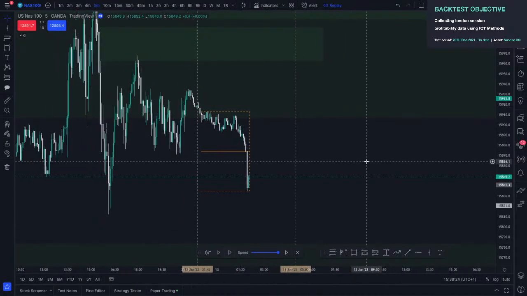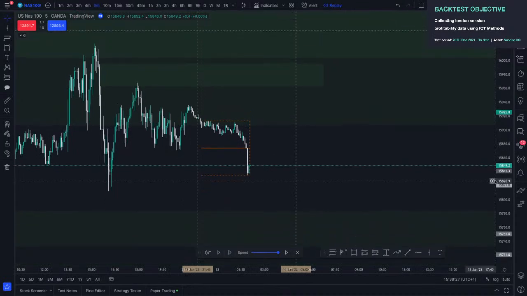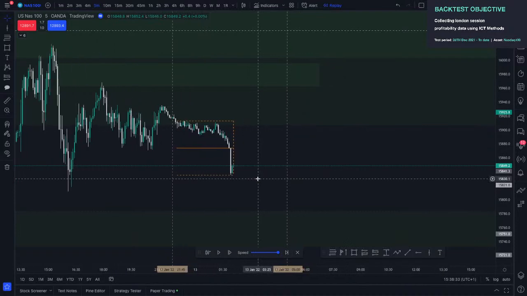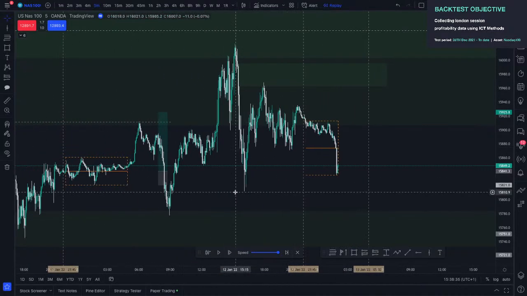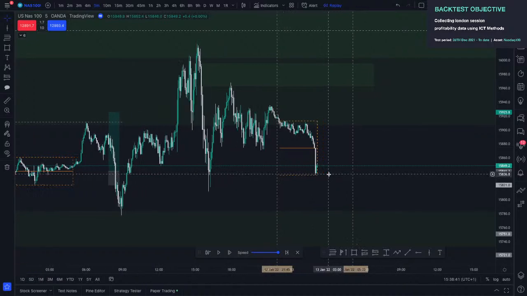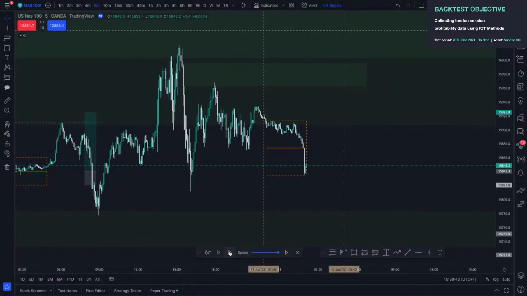Oh, word. Well, it's gone. Trading to the downside. I mean, it's not that surprising, I guess. Okay, let's keep it pushing.